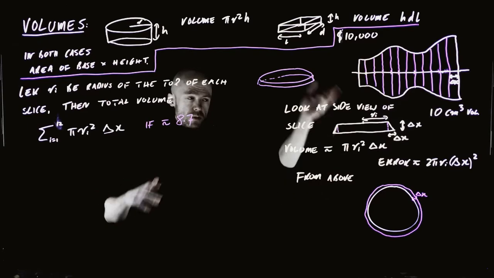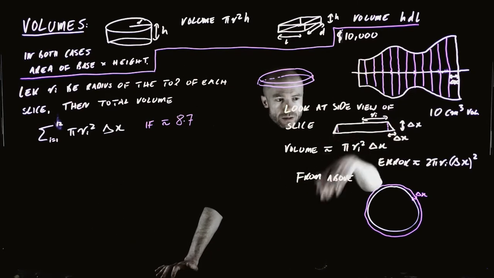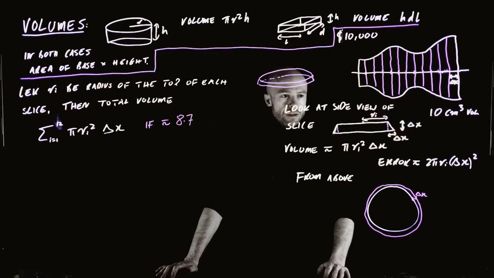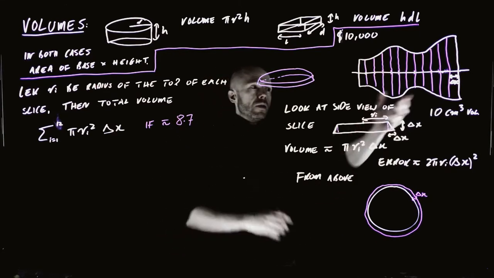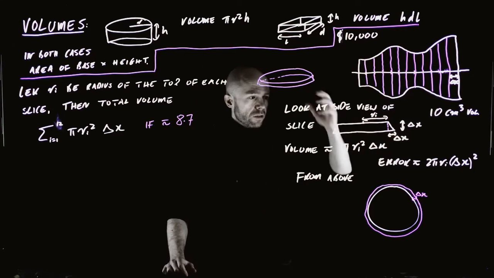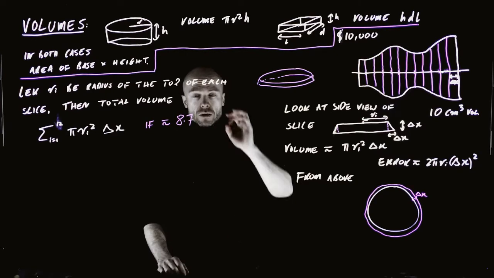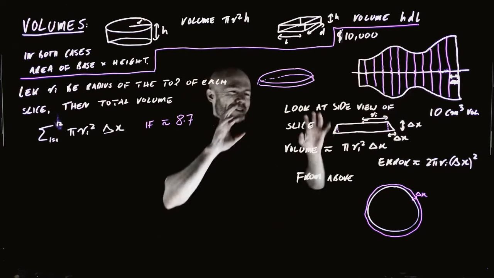And the butcher goes, well, I don't trust your approximation here because there are these errors, and I think those errors account for the difference between your number and the actual volume. I think I sold you a genuine 10 cubic centimeter volume sausage.